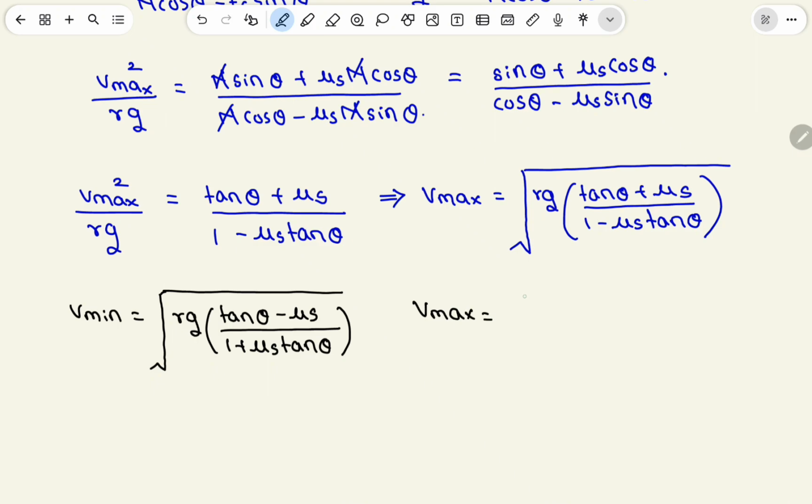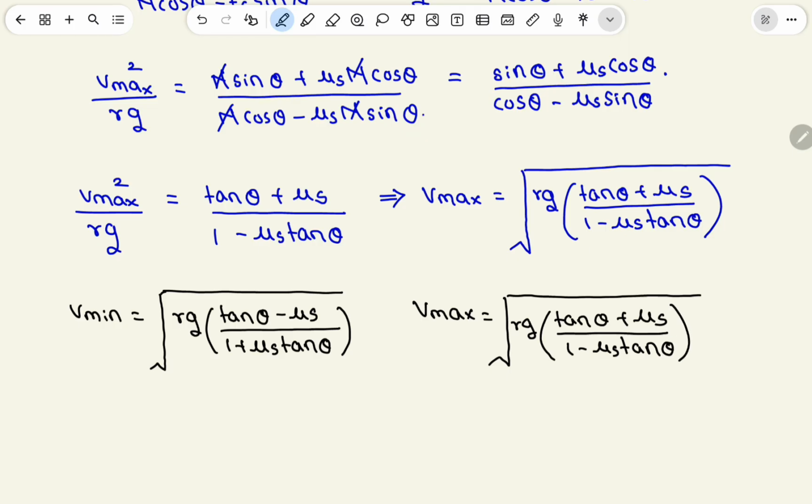And the formula for V max, I'll write it down again, is under root Rg into tan theta plus mu s upon 1 minus mu s tan theta. So if you know the formula for minimum safe speed, then just replace the negatives by the positives and the positives by the negatives. So in the place of minus, we should put plus, and in the place of plus, if we put minus, we can switch from the formula for minimum safe speed to the formula for maximum safe speed.